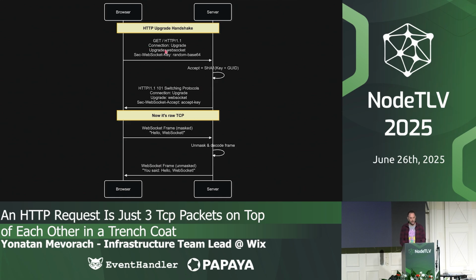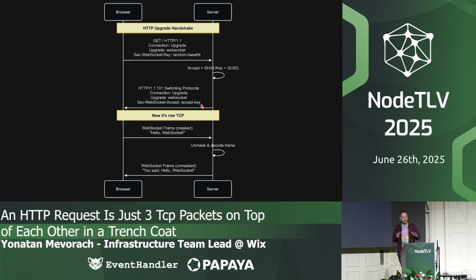The type of upgrade we want is to a WebSocket, and according to the spec, we need to send this Sec-WebSocket-Key. Then the server needs to do a SHA-1 over the key and a GUID, which we'll talk about in a minute, and reply, okay, I know what you're talking about. I know the secret handshake. So the way I tell the client that I'm in is to reply with 101 Switching Protocols and passing these headers along with the accept key.